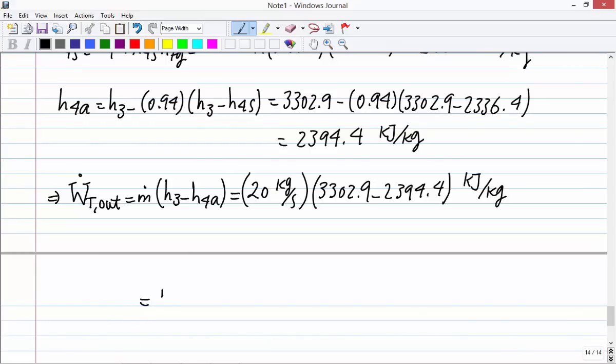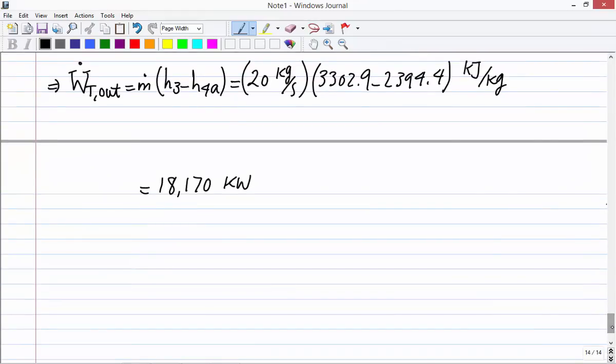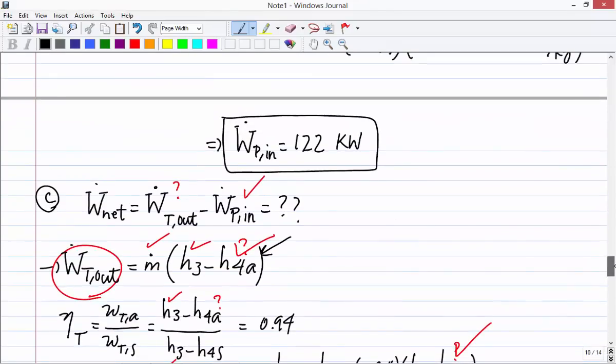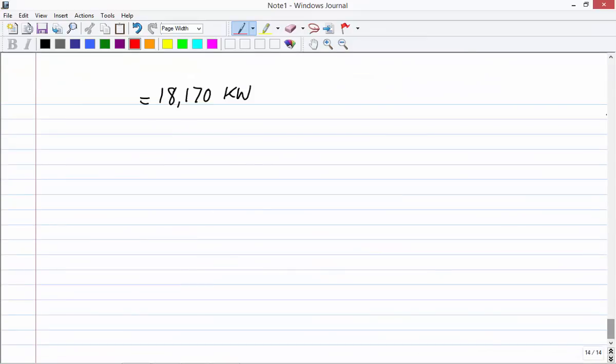So you need to solve for that several times to see what condition gives you the best efficiency. Now we found how much work, the rate, is produced by the turbine. Now we can put it there and solve for the net work produced in the whole cycle.